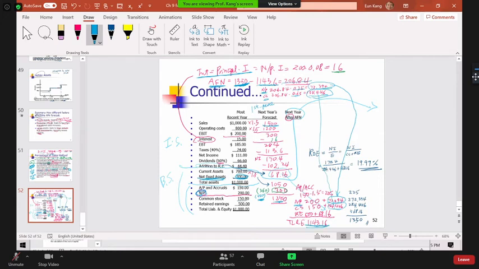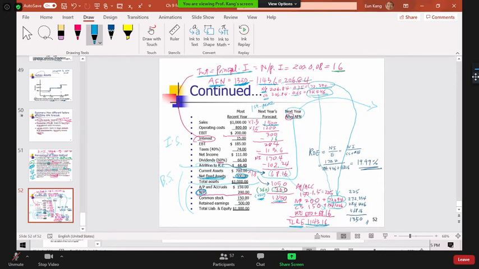1143.6 is this, the right-hand side, total liability and equity. When I sum it, it comes out to be 1350 though. You can add them. 225. Where is the calculator?